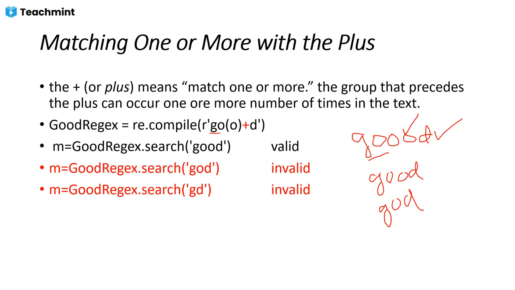So it is true. Then D. In this case, the first occurrence G is there, O is there, one or more occurrence, so this is also correct. In this one, G is there, O is there, but one or more occurrence of O is not there, so this is wrong. Similarly GD: G is there, O is not there, so this is wrong.